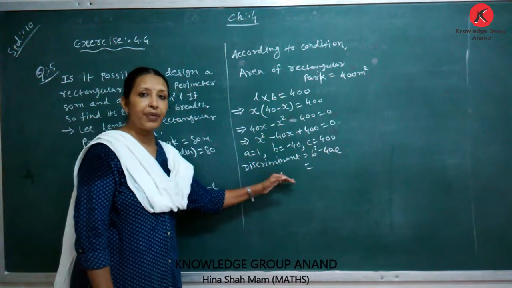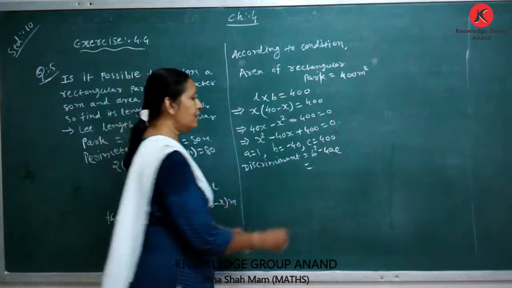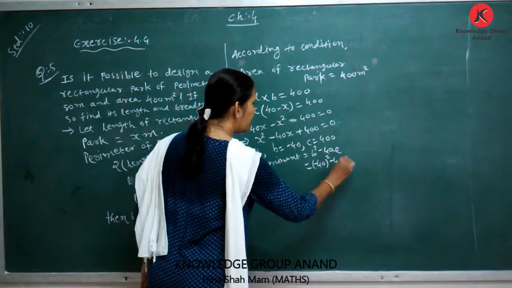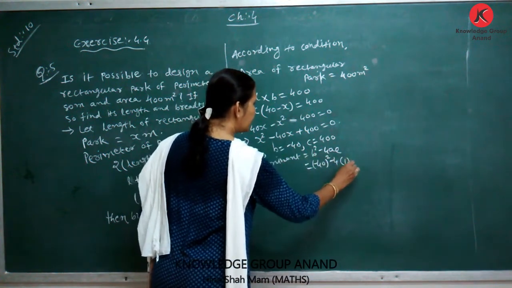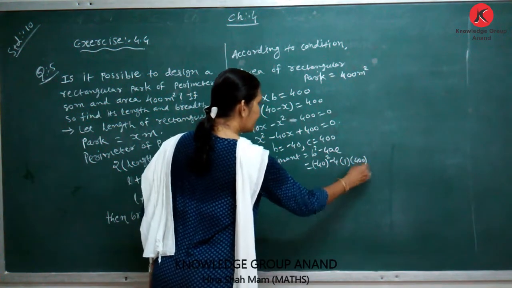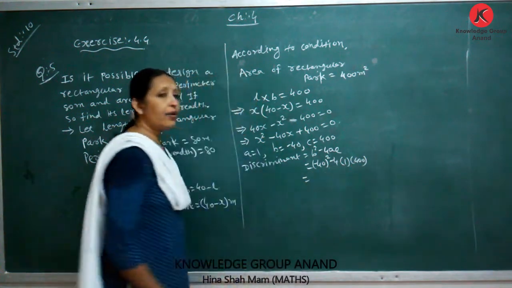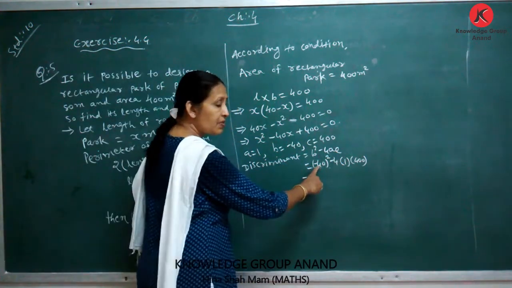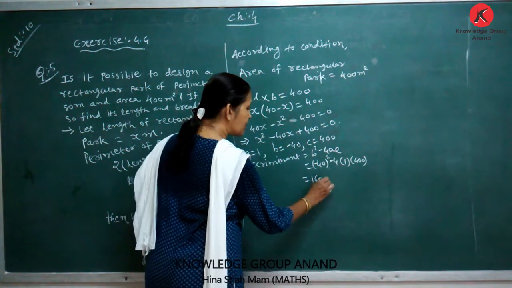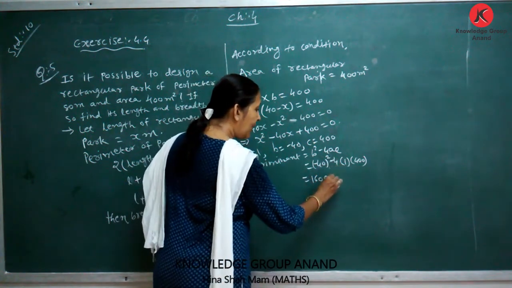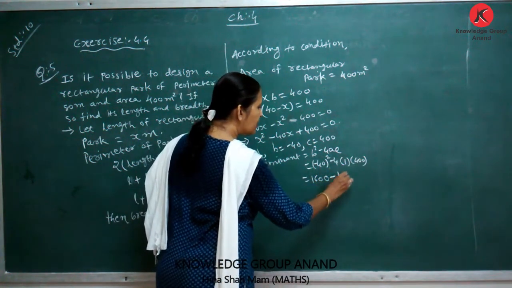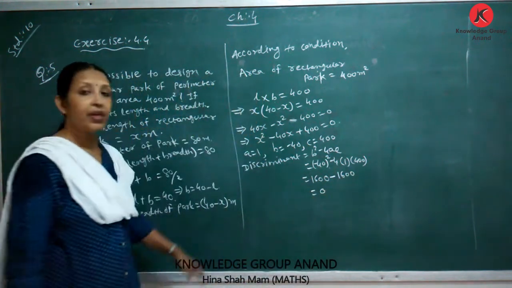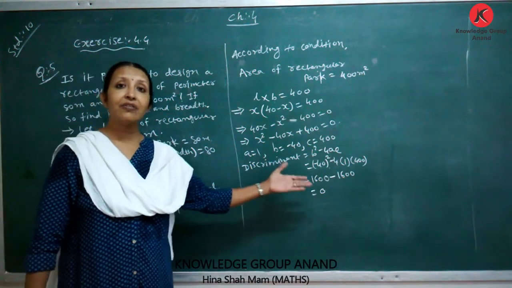Now putting value of b, a and c: b square minus 4ac, minus 40 square minus 4, a is equals to 1, c is equals to 400. What is the square of minus 40? Minus minus plus, 4 square is equals to 16, then 1600 minus 4 ones are 4, 4 400s are 1600, is equal to 0. Here b square minus 4ac is equal to 0.